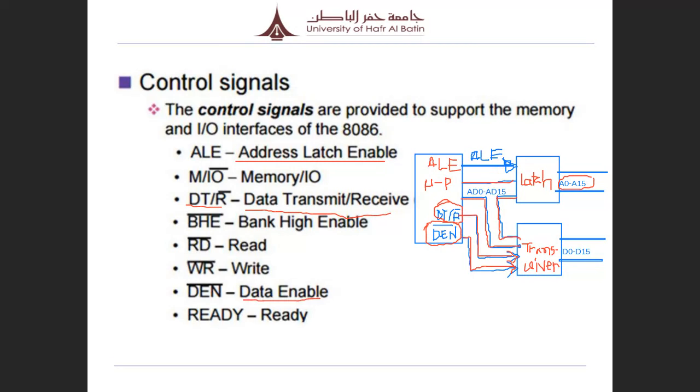This signal is active low, and when the microprocessor puts the data information on the multiplexed address data bus, the DEN signal is low to activate the transceiver, so that the data on these pins AD0 to 15 is ready for data.